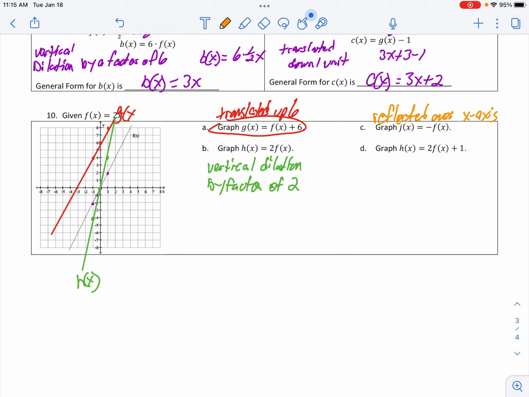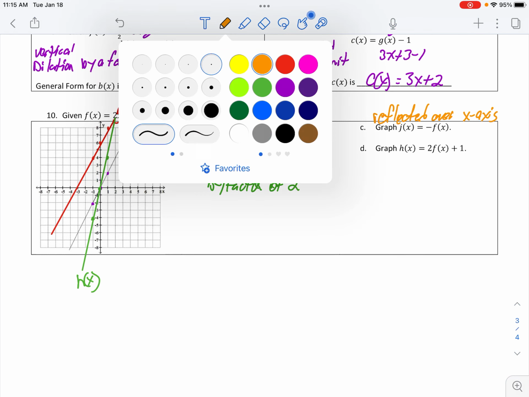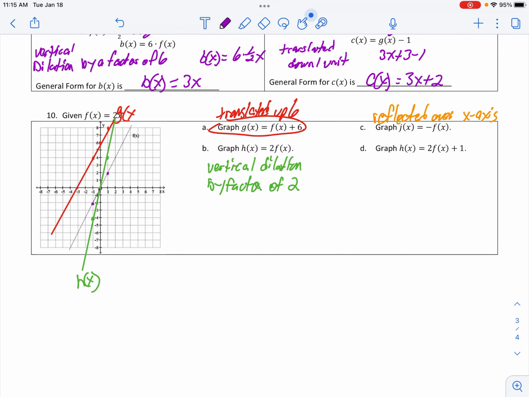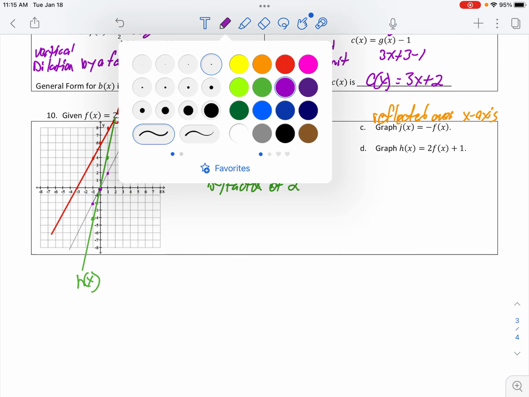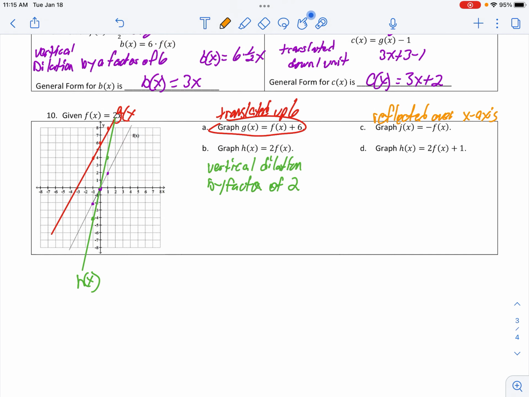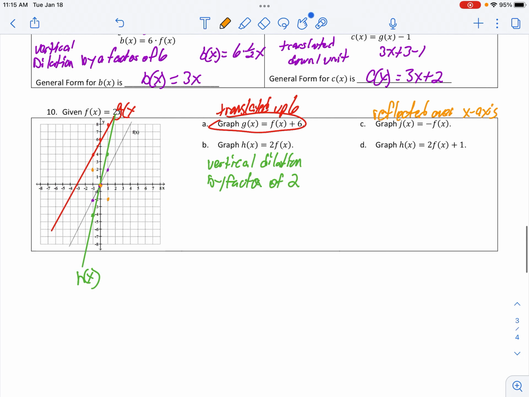So all my y values are going to change signs. Following those 3 original purple points, it's at -2, and then it's going to be at +2. It's at 0, stays 0. And if it's at +2, it's going to become -2. Take your ruler, line up those 3 points, and this one is called j of x.